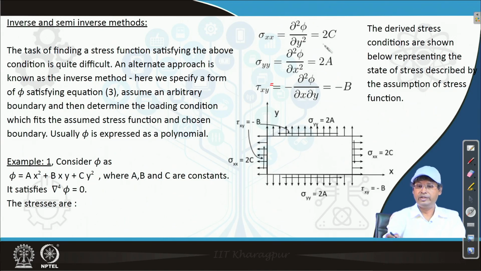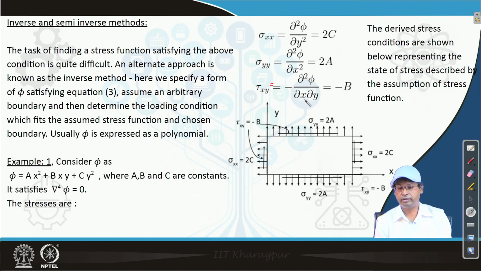It is a double derivative, so we have 2 c, and the double derivative with respect to x gives 2 a, and tau is minus del 2 phi del x del y, which leads to minus b. Now, let us try to draw the condition we are getting.